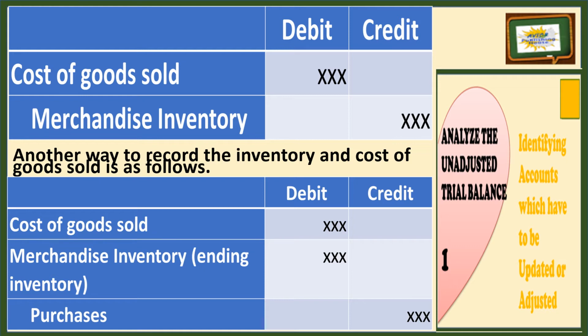Relevant to the discussion of recording inventory using the periodic inventory system is the recording of the sales transaction. Under the periodic inventory system, sales transactions are recorded without any recognition of the cost of goods sold. The sales transaction merely records the amount of sales.